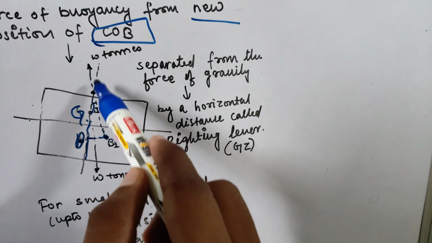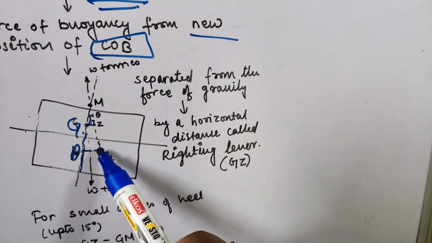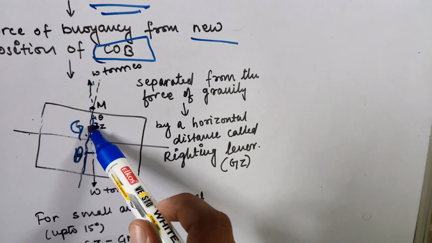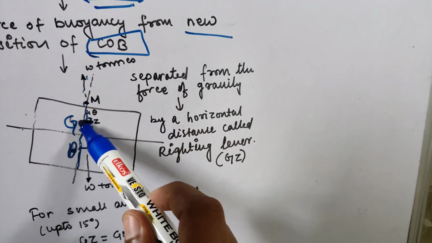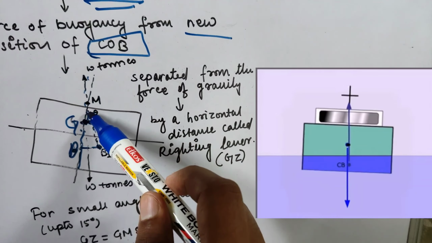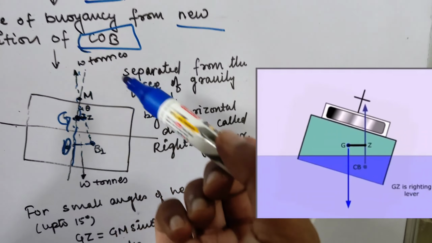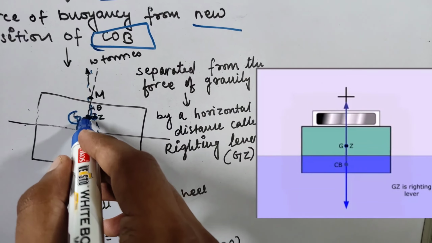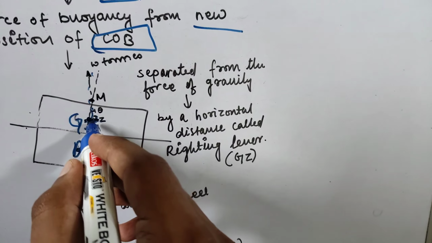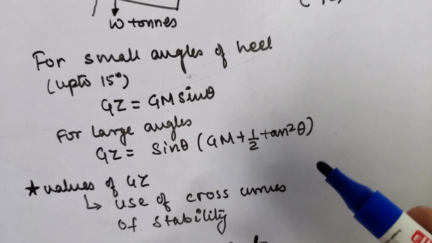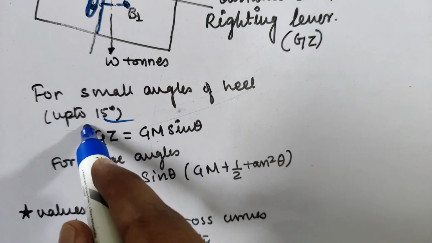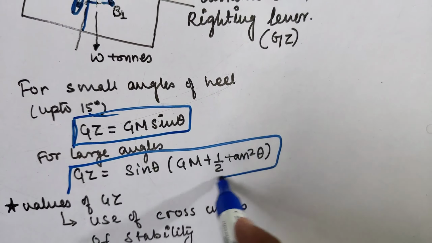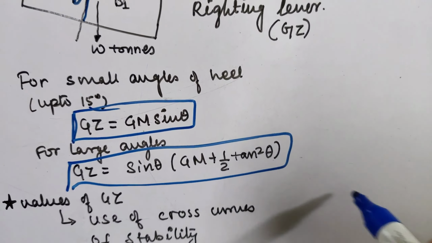The line of force of buoyancy is separated from the center of gravity G by a horizontal distance, and this distance is known as GZ, the righting lever. For small angles of heel, let's say up to 15 degrees, GZ equals GM sin theta. For large angles, GZ equals sin theta (GM plus half GM tan squared theta).